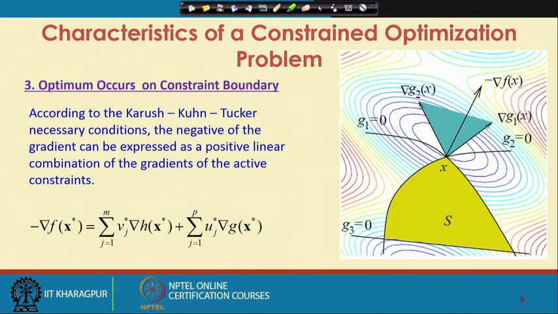Optimum may occur at constraint boundary, and we have seen when we talked about necessary conditions in our previous weeks, that according to KKT conditions, the negative of the gradient can be expressed as a positive linear combination of the gradients of the active constraints. So, this is what happens when optimum occurs at constraint boundary. Look at the diagram.